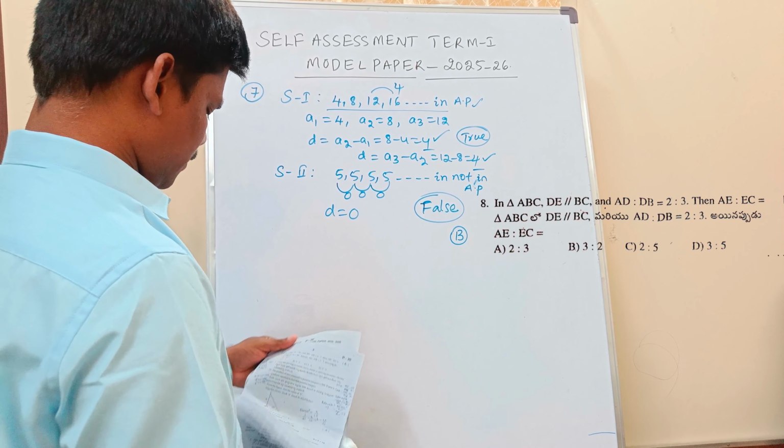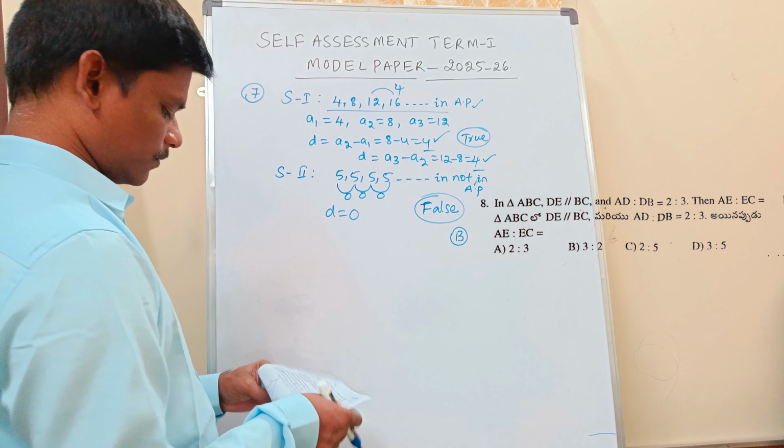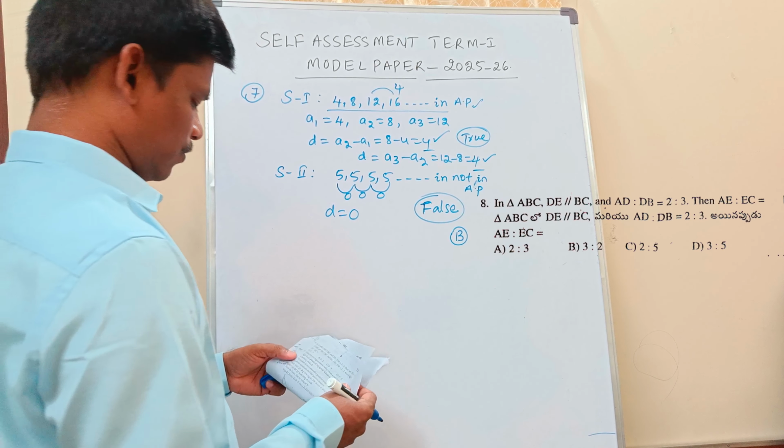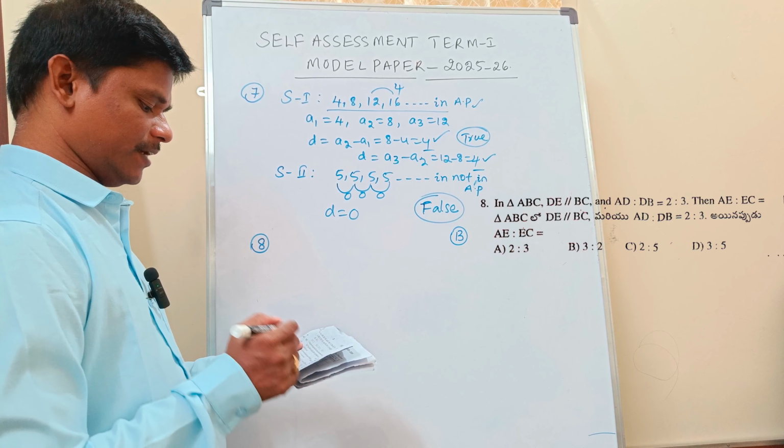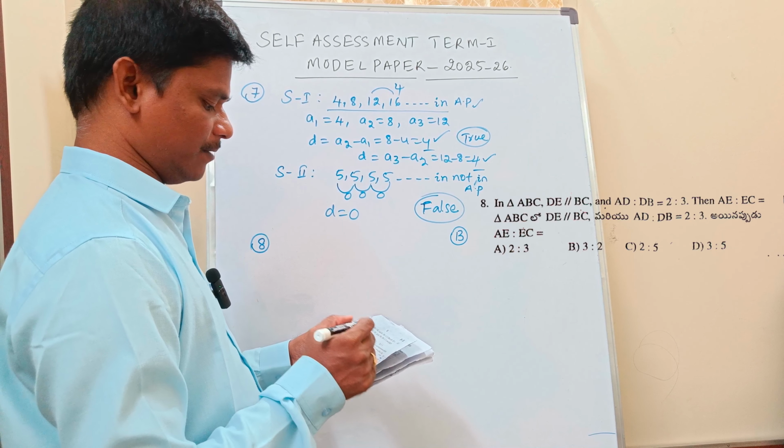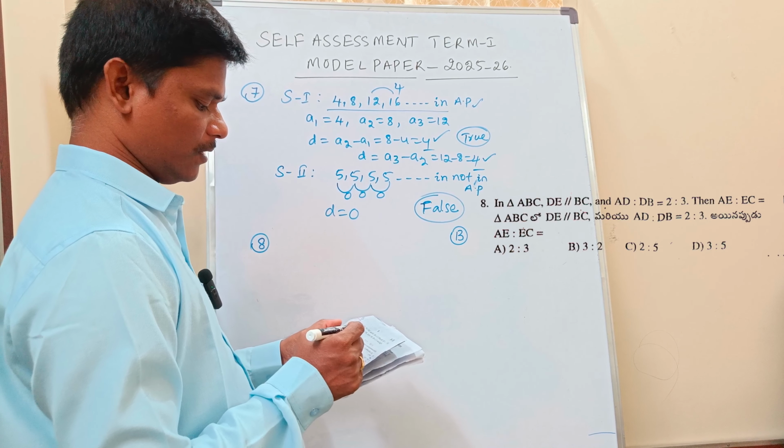Next, the eighth question. See what is given. In triangle ABC, DE is parallel to BC and AD is to DB is 2 is to 3, then AE is to EC.